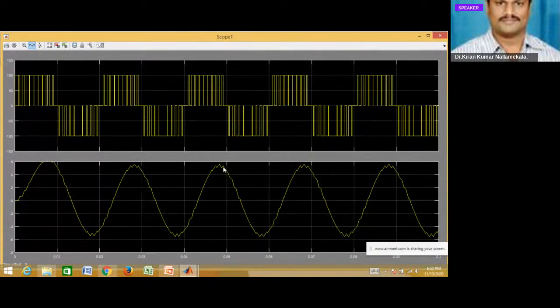In the single phase 2 level inverter, this ripple content is significantly high, whereas in the 3 level inverter it is less. Similarly, in the 5 level inverter, the ripple content in the inverter current is significantly less. That we will see now.